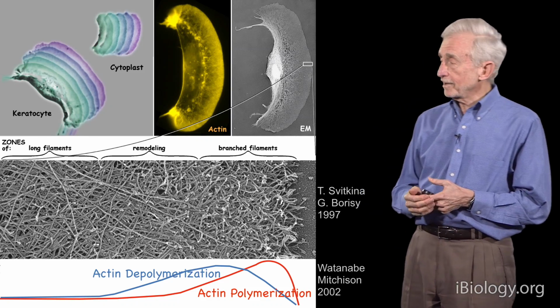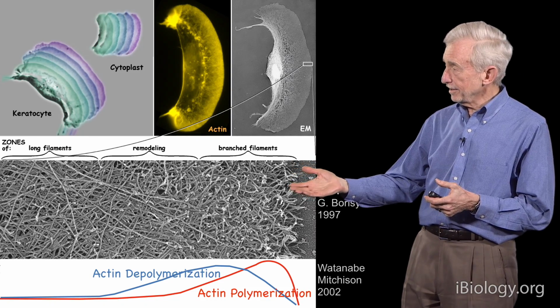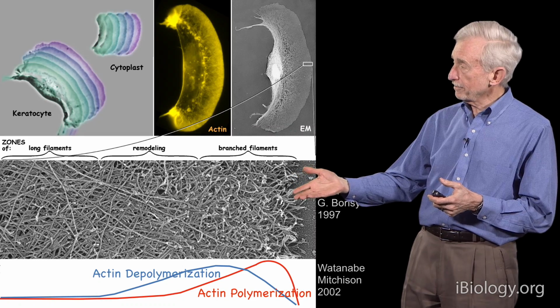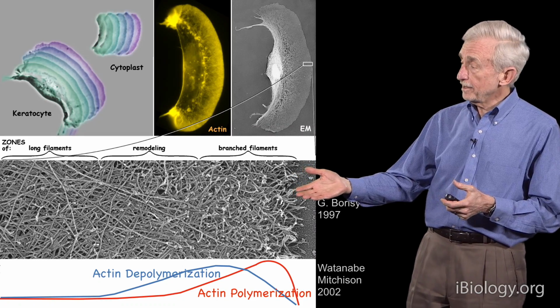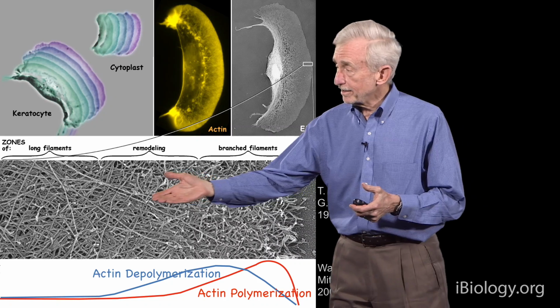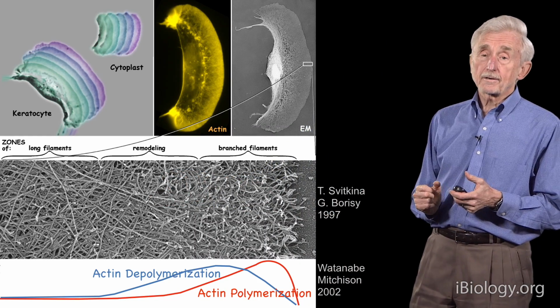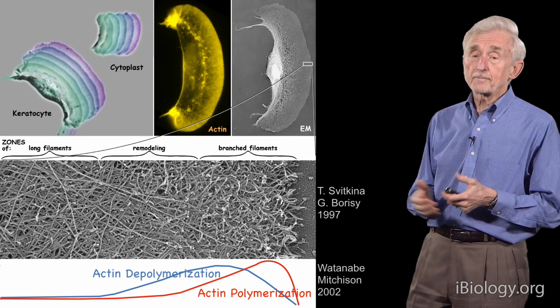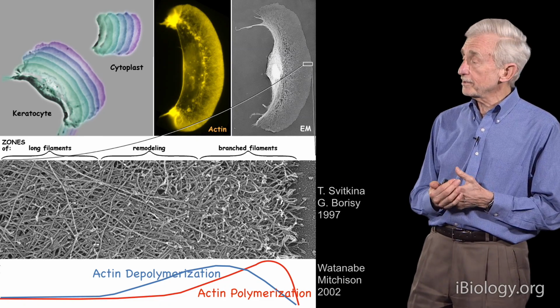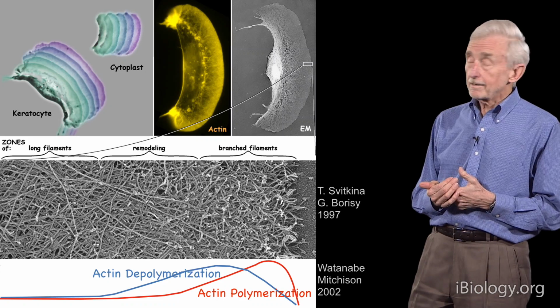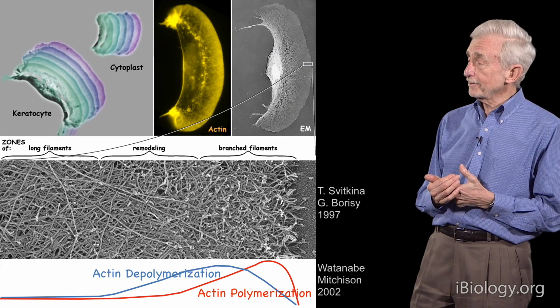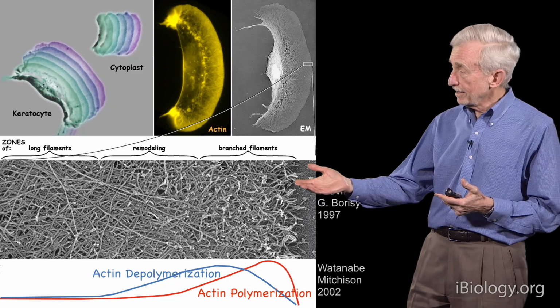What they discovered was that the filaments at the leading edge of the cell are all part of a branched network. Deeper in the cytoplasm of the cell, back here, the branches disappear, and the branched filaments are replaced by long unbranched filaments. The pace of the action here at the front end of the cell is pretty spectacular.